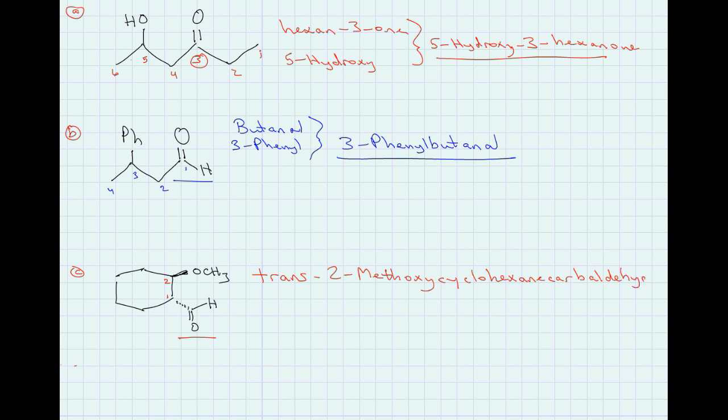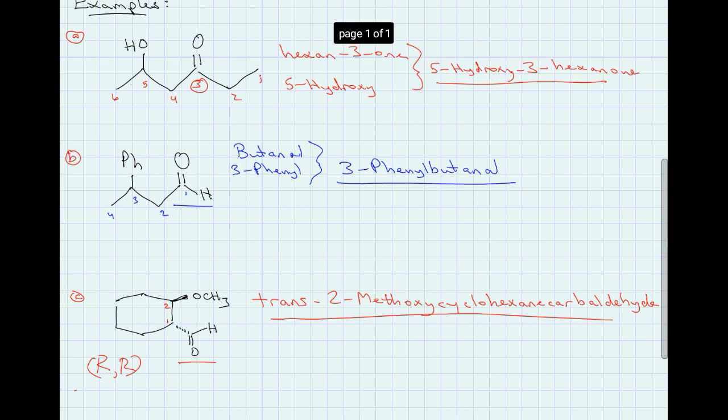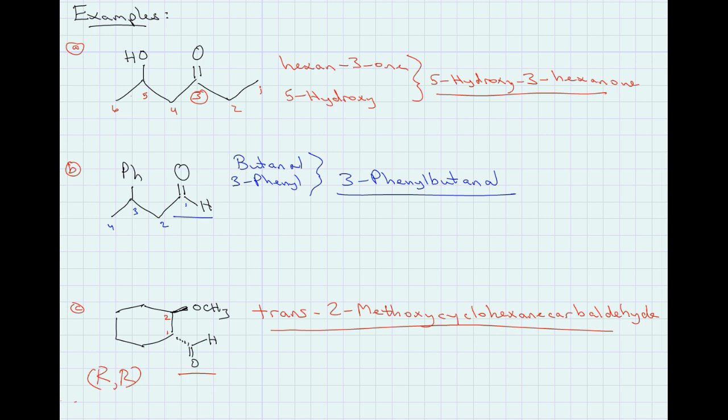That's a long name. So that's a pretty complicated one. And you could call this RR if you were to name this enantiomer, but I would accept this name, trans 2-methoxy cyclohexane carbaldehyde. So I hope this helps you a little bit more as you explore common names for ketones and aldehydes and as you look a little bit deeper into nomenclature.